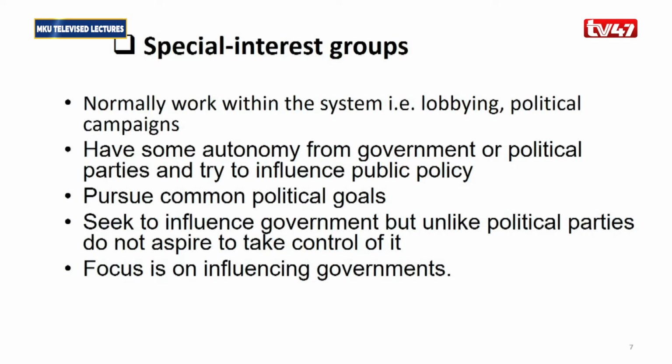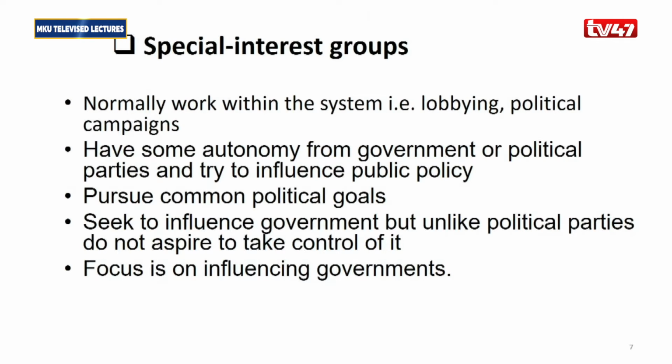If there is an issue that the non-governmental organization feels needs to be addressed, they would tend to use the existing political arrangements to ensure that their issues are addressed. And this can be through lobbying or conducting a campaign.